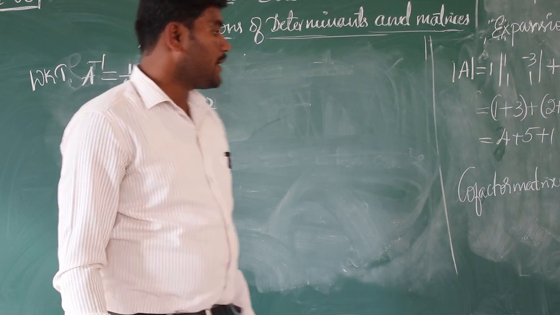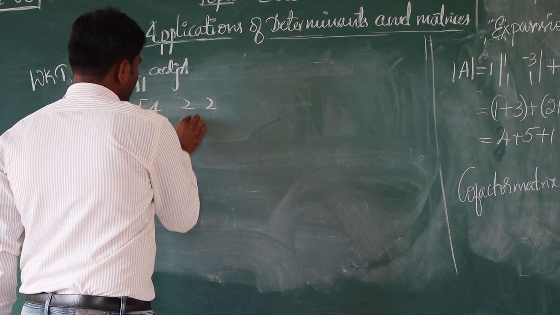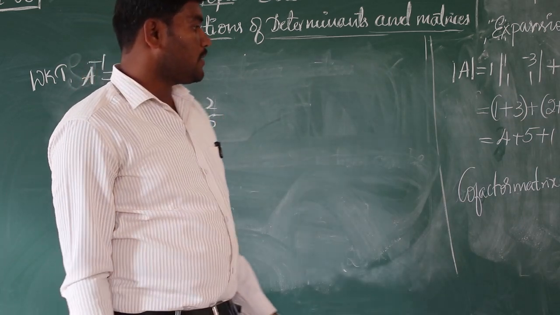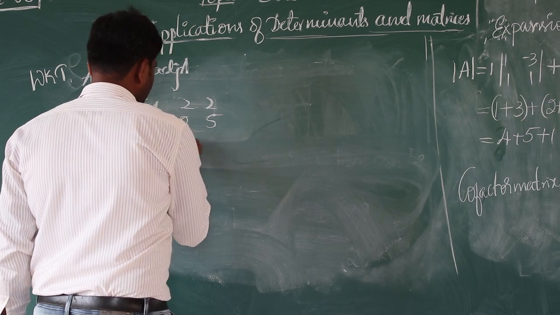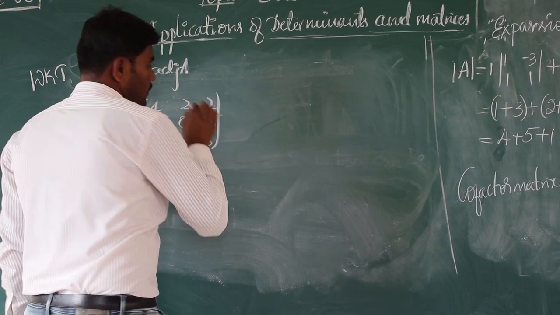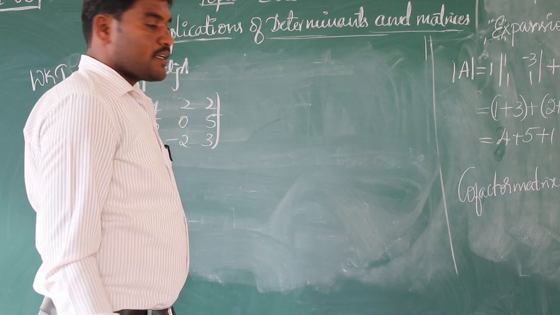Second row elements minus 5, 0, 5. And last row, third row elements 1, minus 2, 3. Right? This is the inverse matrix.